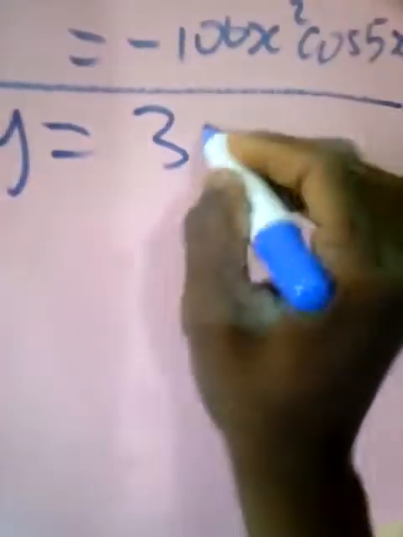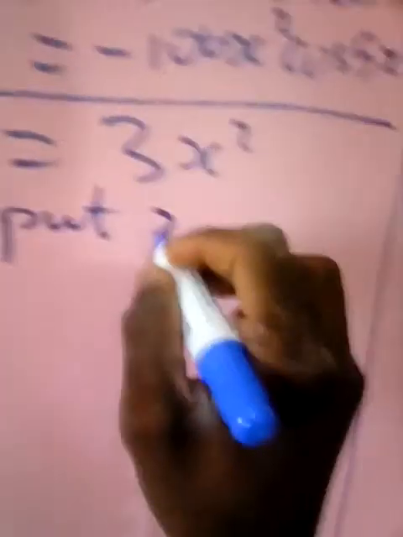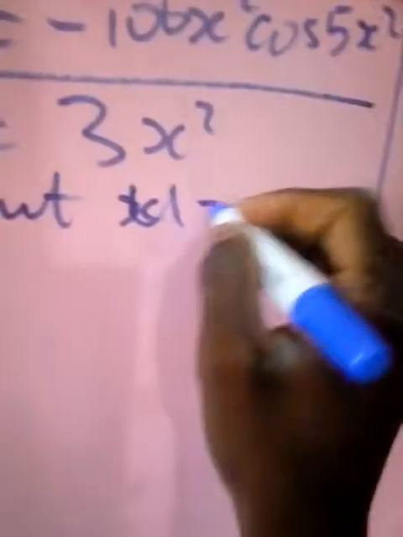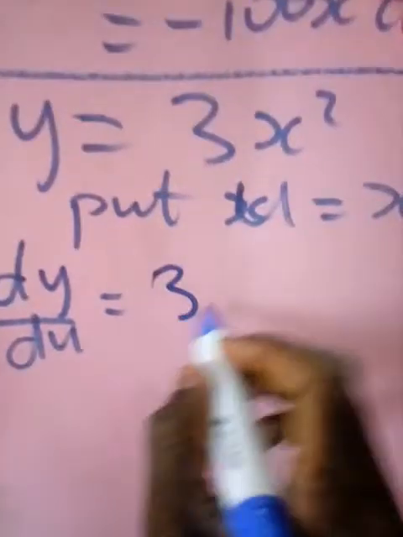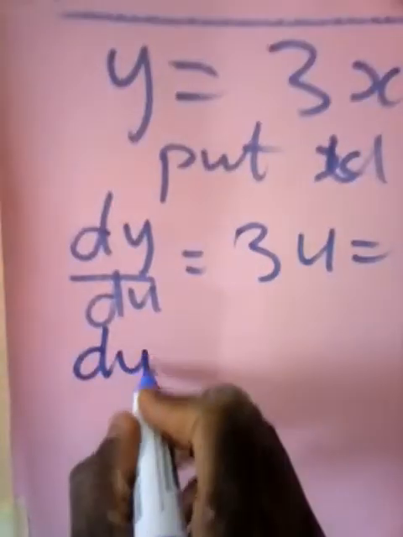So if I also have y equal to 3x squared, I can simply put u to be equal to x squared, and then my dy/du will be equal to the differential of 3u, which will be 3, and my du/dx will be equal to 2x, that's power comes down, power goes minus 1.